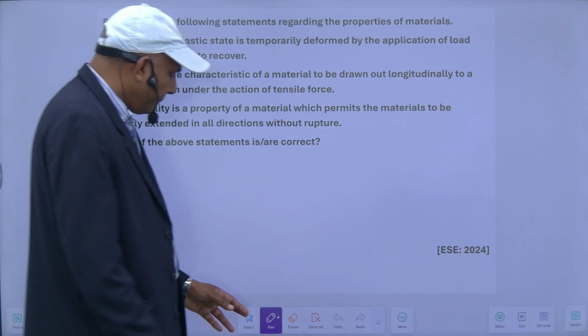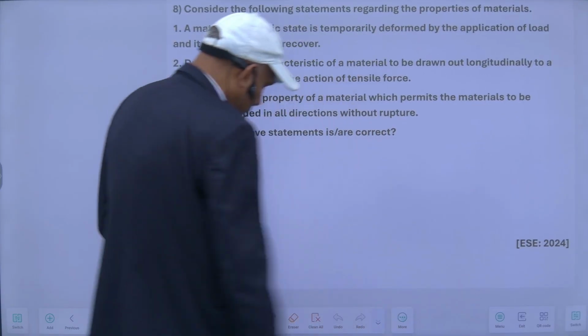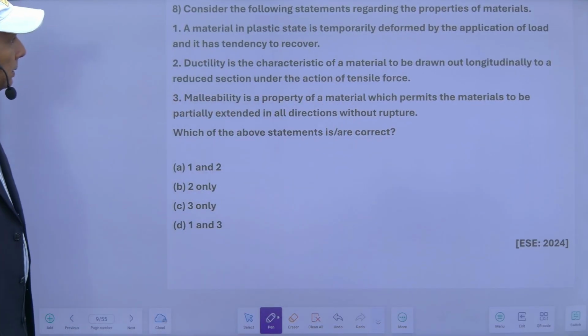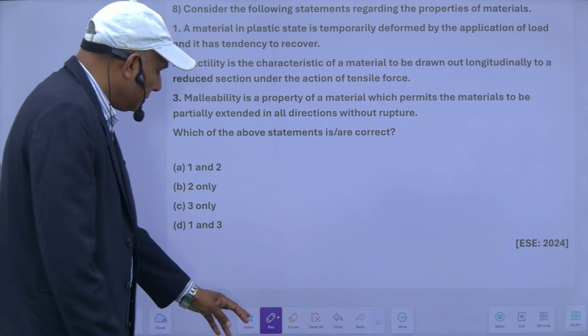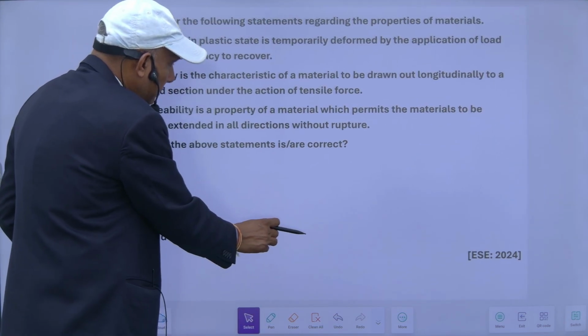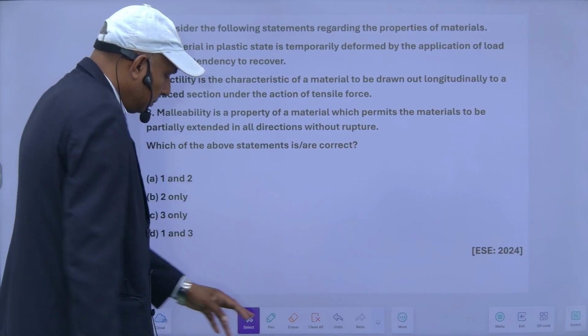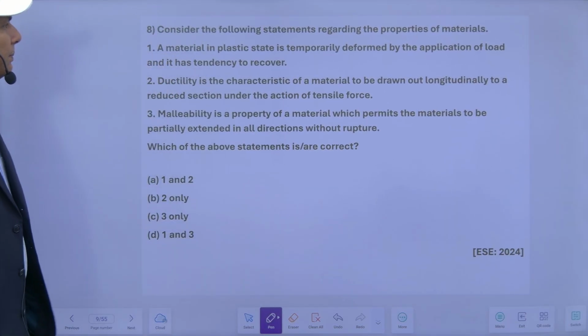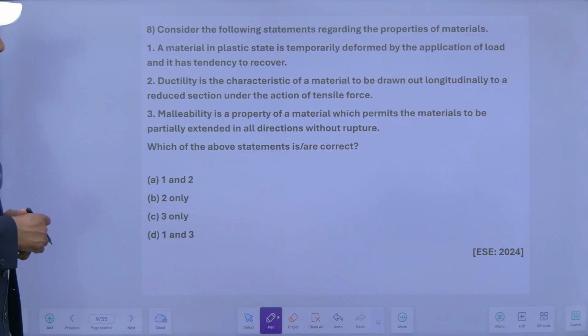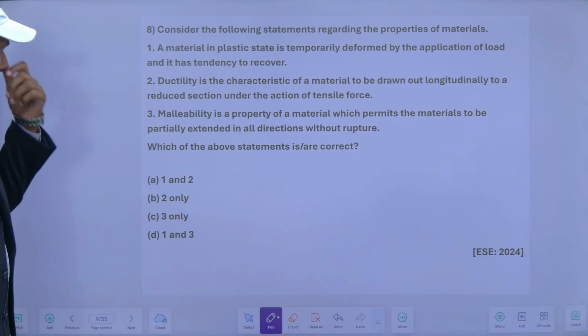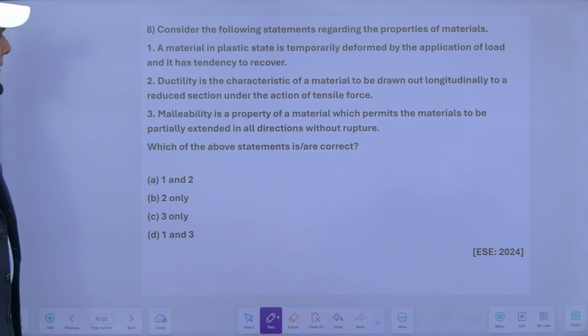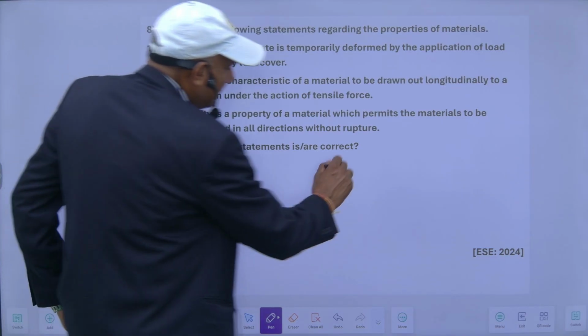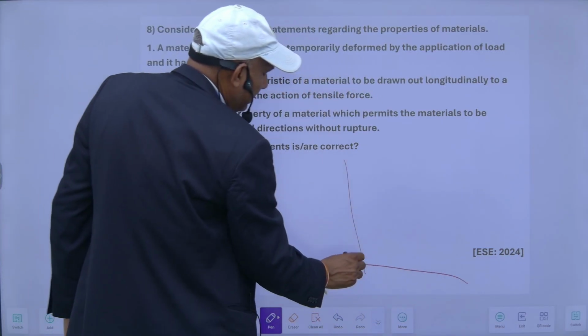Second is, consider the following statements regarding the properties of material. A material in plastic state is temporarily deformed by the application of the load, and it has a tendency to recover. Plastic state, it is like my curve is like this.